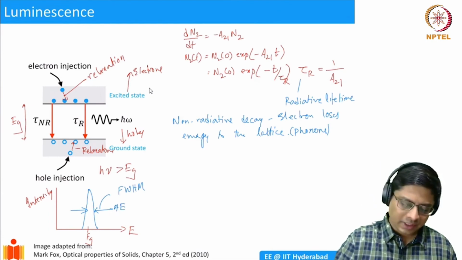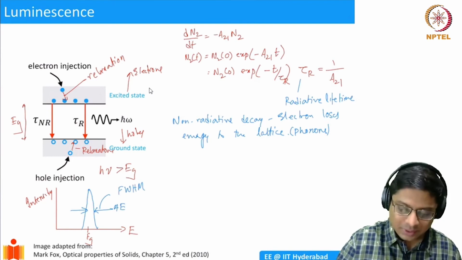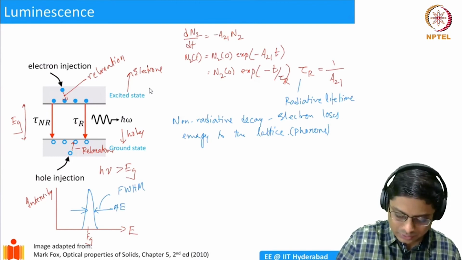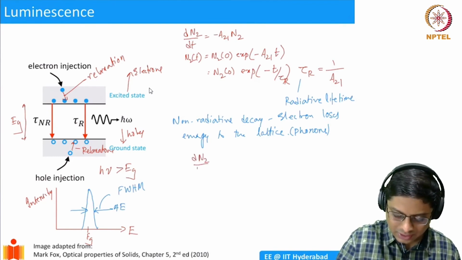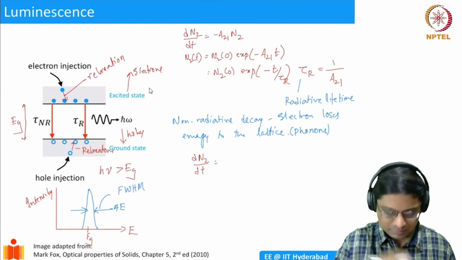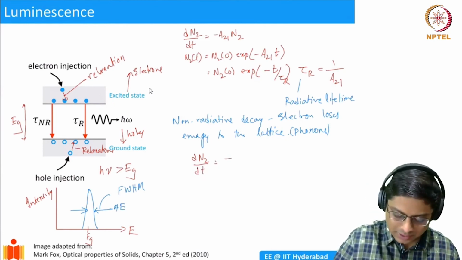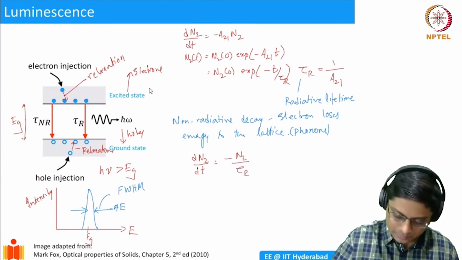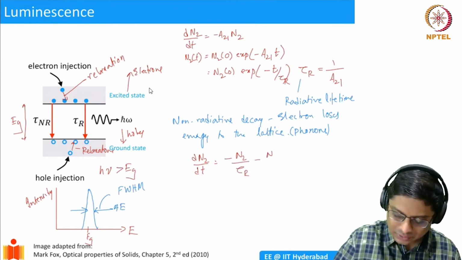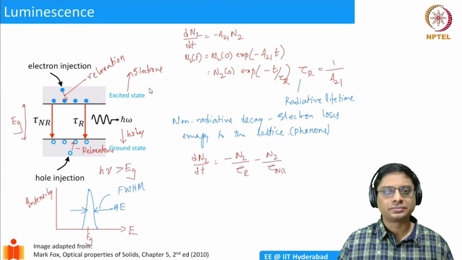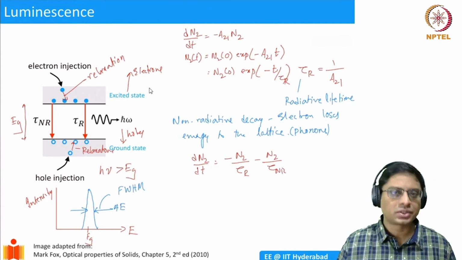We can write a rate equation for this as well by adding a term. The rate of change of the upper state population is minus N2 divided by tau radiation, and then there is another channel, tau non-radiation, the non-radiative channel. These two channels are always going to be there.